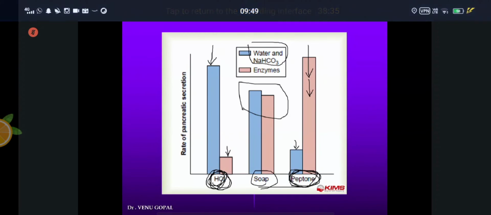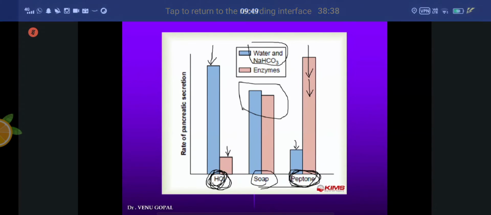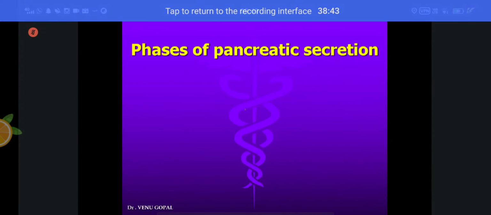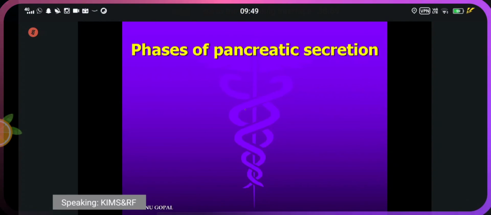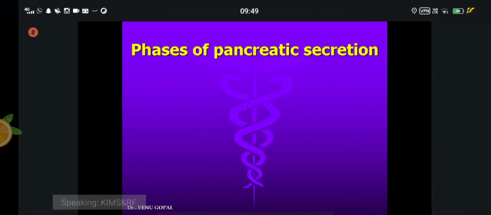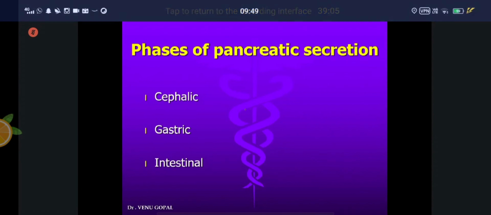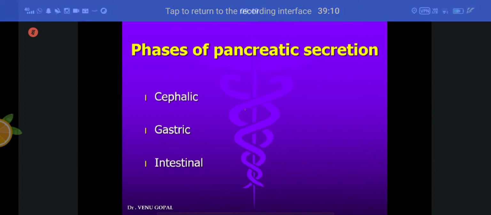Any questions so far on pancreatic juice? Because it is the easiest component, nothing big will be left on this. To introduce a bit of the same kind of concept from the gastric juice, even the secretion of pancreatic juice is in a phase-wise manner, like cephalic phase, gastric phase, intestinal phase. The same phases are there, but my question is, out of these three phases, which phase will contribute to the more volume response of the pancreatic juice?